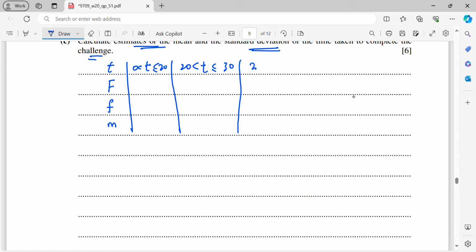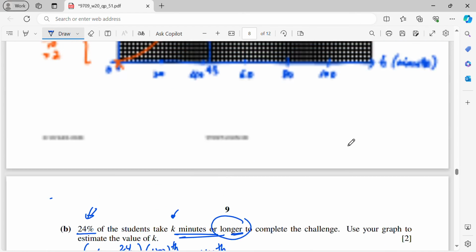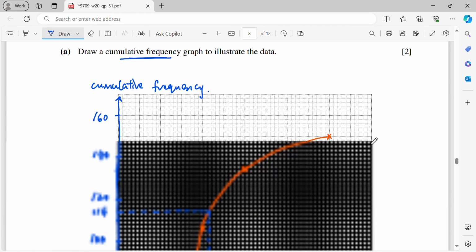After that, greater than 30, less than or equal to 40, then 60. After 60, that is 100.